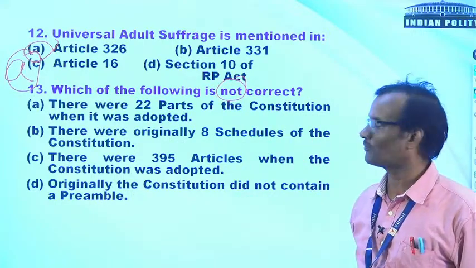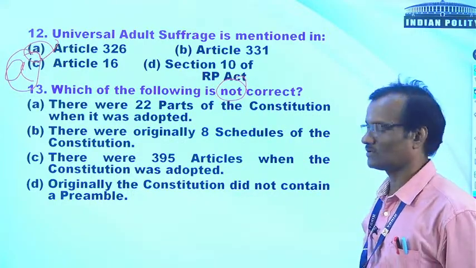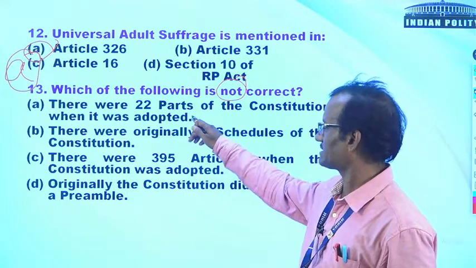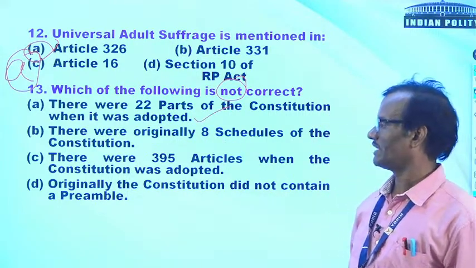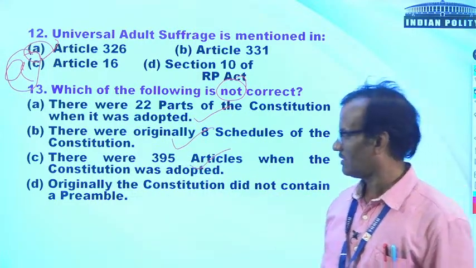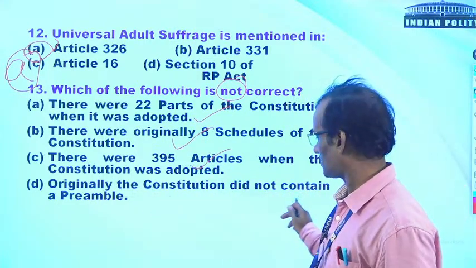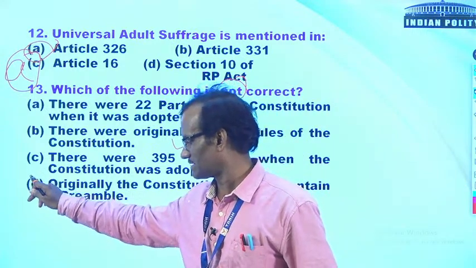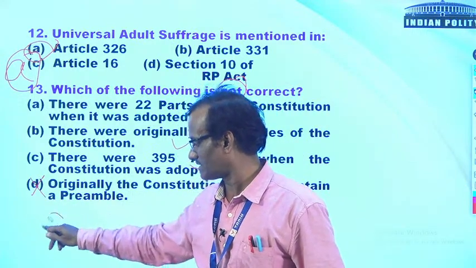There were 22 parts of the Constitution when it was adopted, yes. There were originally 8 schedules, and there are 395 articles, yes. Originally the Constitution did not contain a preamble, that is wrong, so the answer is D.